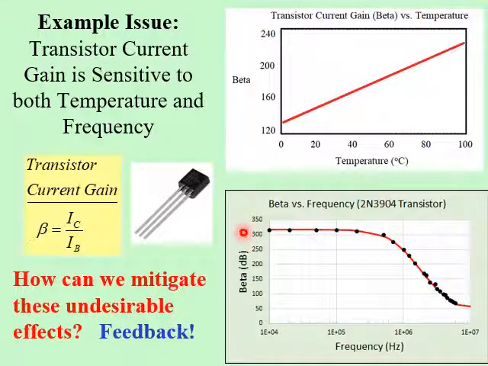So you can see in this graph that beta is around 300, just a little bit over 300, up to about a couple hundred thousand hertz. But once we get to around a megahertz or more, you can see beta falls off very quickly. And so both of these are undesirable effects. And the question is, how can we mitigate these undesirable effects? Well, the answer is feedback.